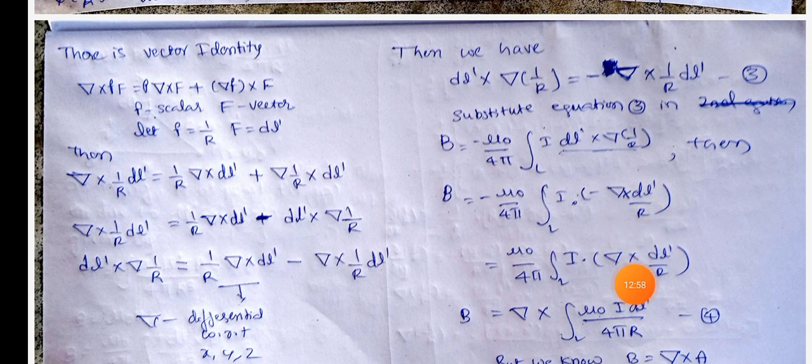Take this minus outside, it will become plus, take this del cross outside the integral, and move the mu naught by 4 pi into the integral. Now it will become line integral of mu naught I dl dash by 4 pi r.